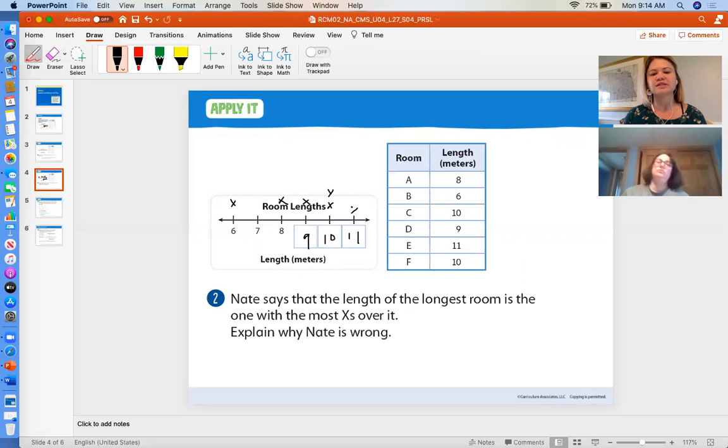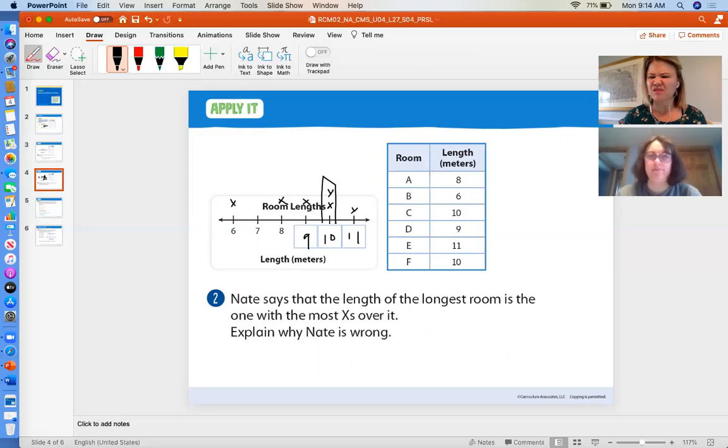Okay, so what they're saying in this problem, and I just think it helps to be able to see it, is Nate looks at this line plot and he says, ooh, look, this one has the most. And he's saying, so therefore, since that one has the most X's, that one is the longest.